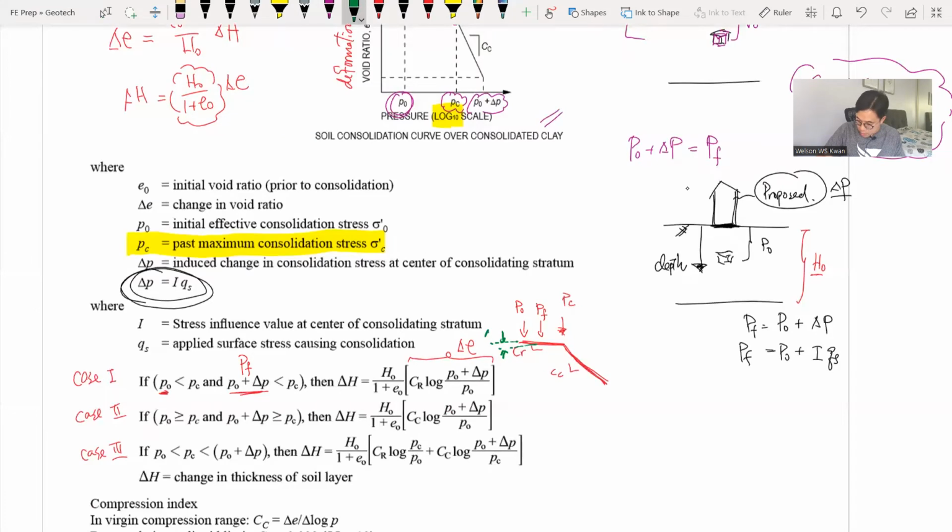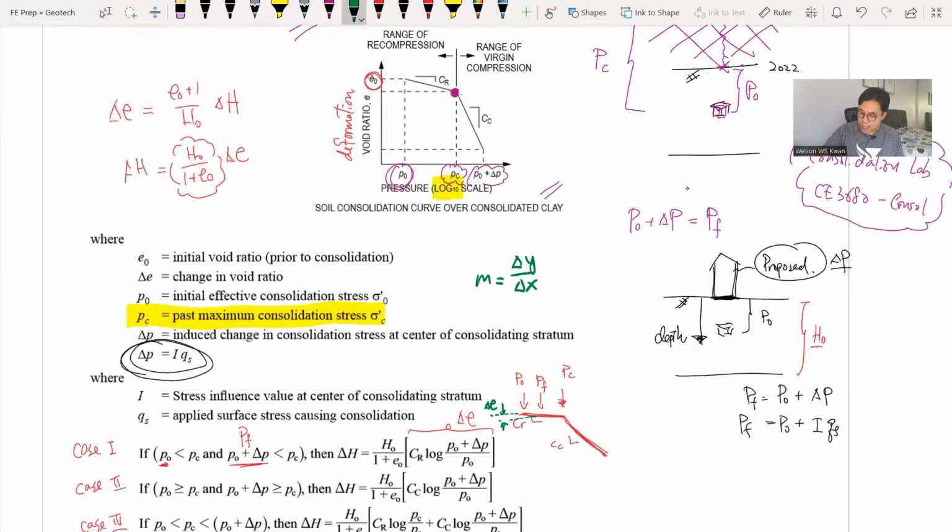This is my delta E right there. This becomes a point-slope problem, like in algebra: the slope equals delta Y divided by delta X. In our case, the slope is C sub R, delta Y is what we want to look for, and the stress is the delta X. So we want to solve for delta E. Since we have a semi-log scale, it becomes the log of stress 2 divided by stress 1, which is like this formula here.